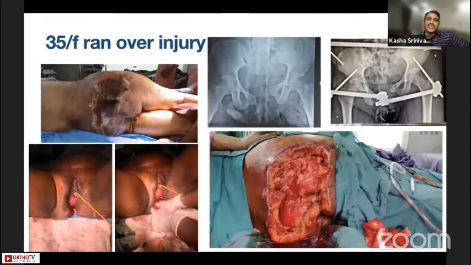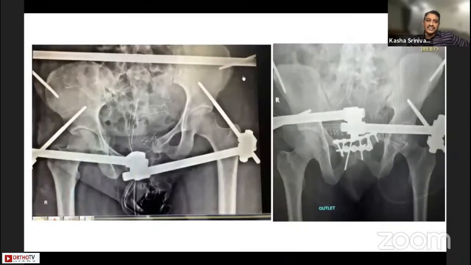And here is a 35-year-old female, ran over injury, Morel-Lavallée lesion, late presentation, and vertically unstable injury. You can see the vulval injury and perianal laceration, and all that is degloved. And in these cases, your soft tissue won't allow you to fix it posteriorly. It's only anterior fixation.